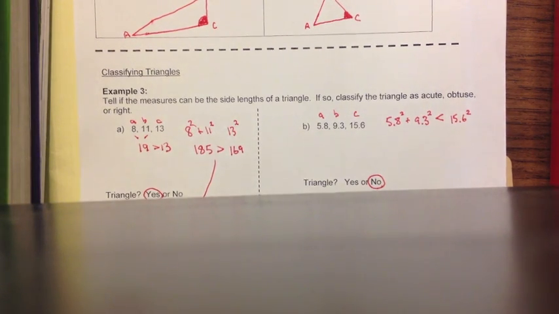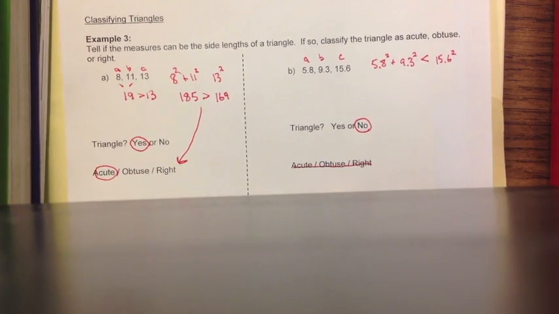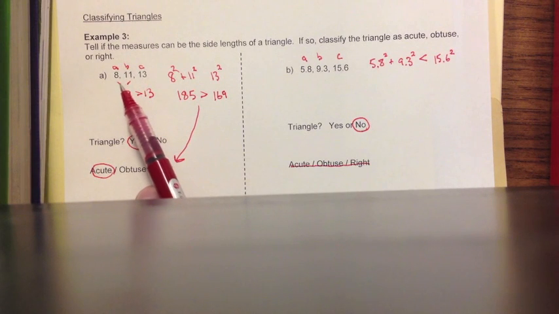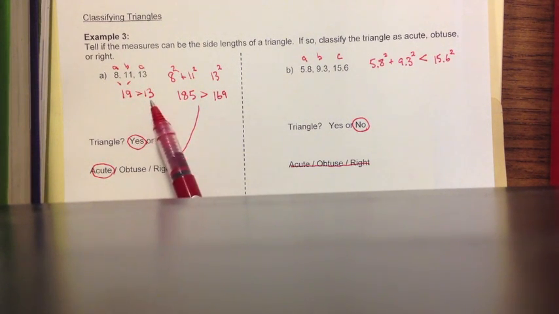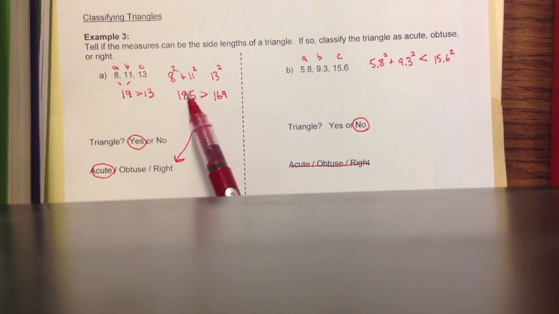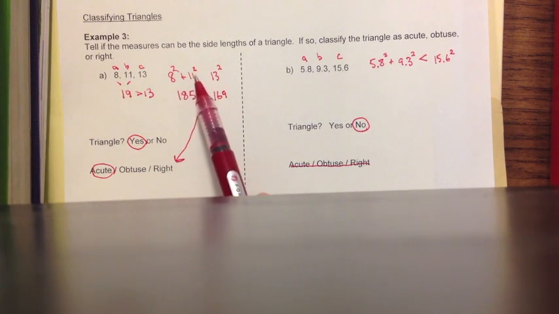The big take home is that you want to look at c squared. You want to look at the square of that hypotenuse. If that hypotenuse squared is bigger than a squared plus b squared, we have an obtuse angle. Because the thing about obtuse angles is that they're large. They're bigger than the other 2 angles. If that c squared is smaller than a squared plus b squared, we're going to have acute.